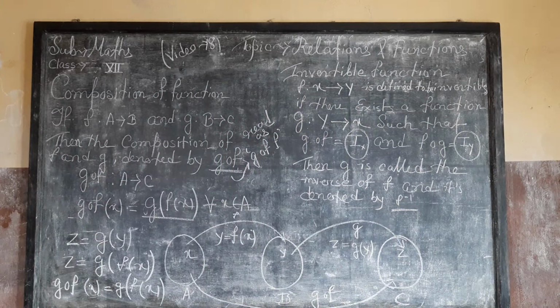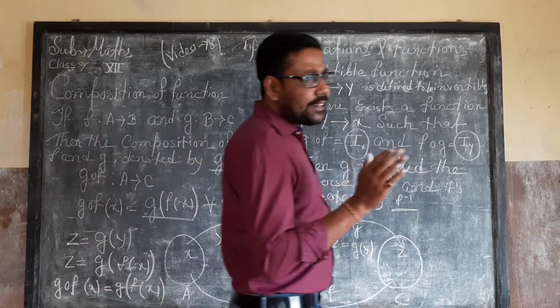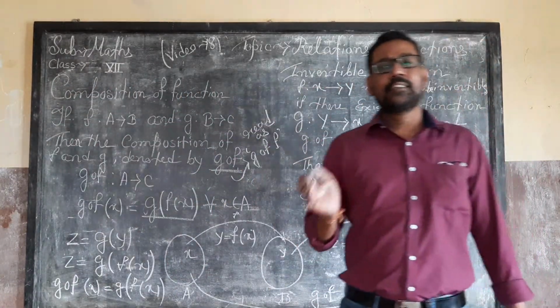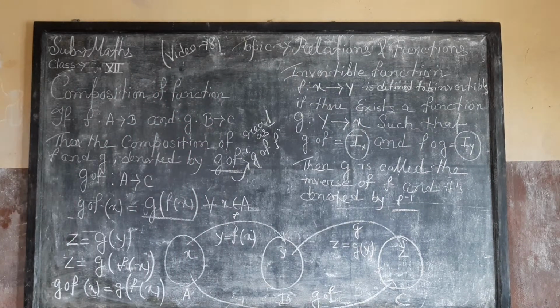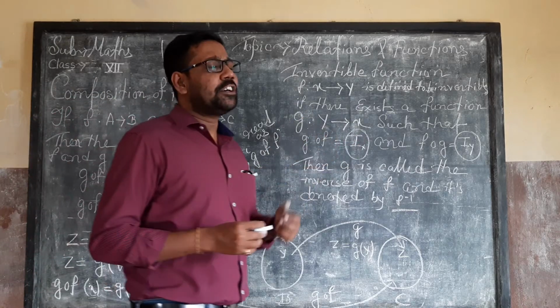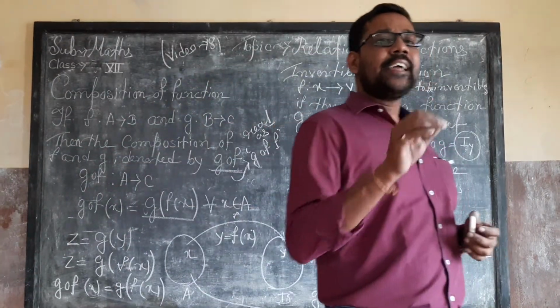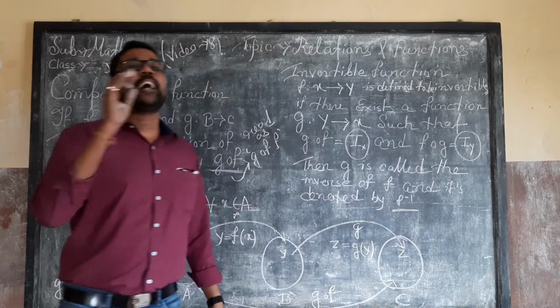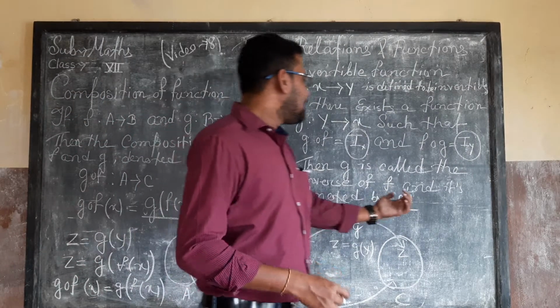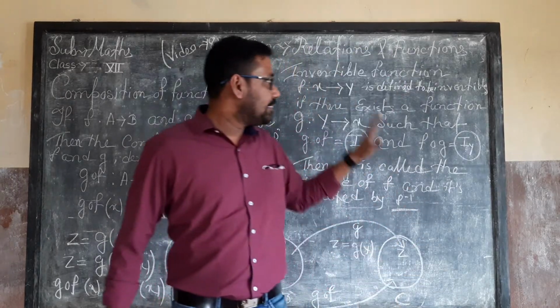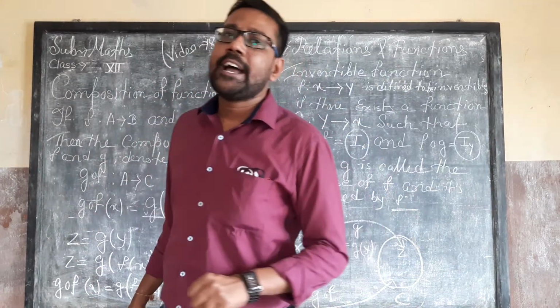The first is that g∘f produces the identity function on X, and f∘g produces the identity function on Y. Then g is called the inverse of f, and it is denoted by f inverse. That is the definition of the invertible function.